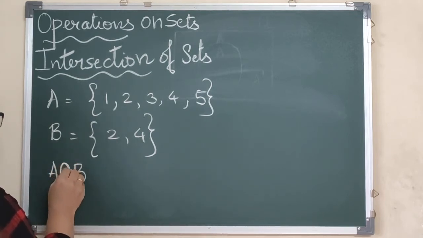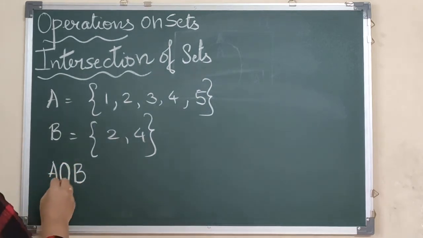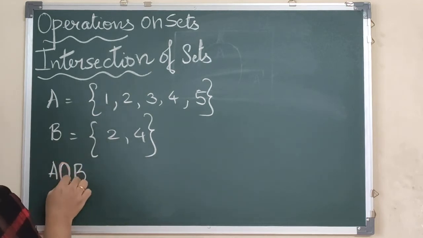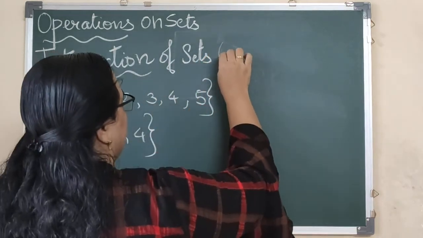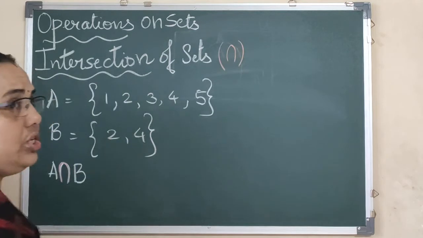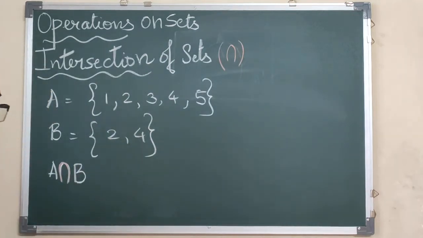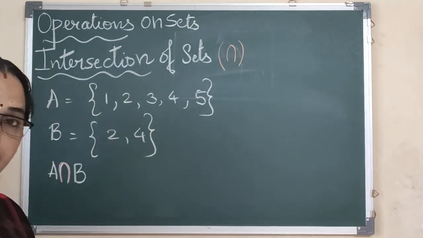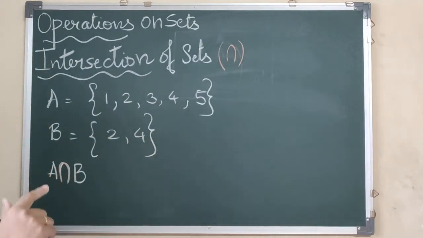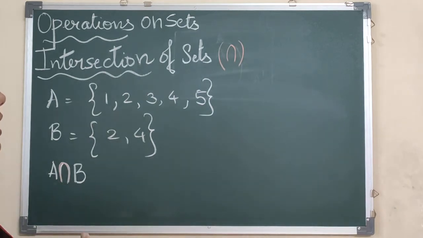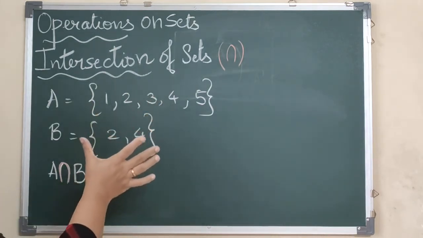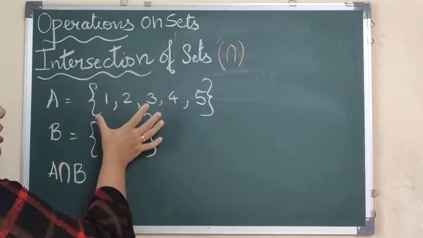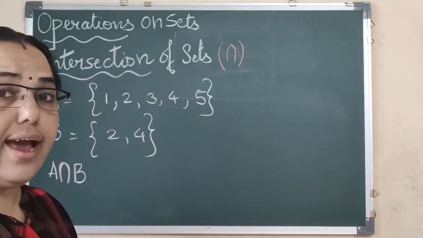I have written a reversed U. That is the symbol of intersection. So what is A intersection B? It is all the elements which are there in A as well as in B. Which are the elements you find which are there in A as well as B?